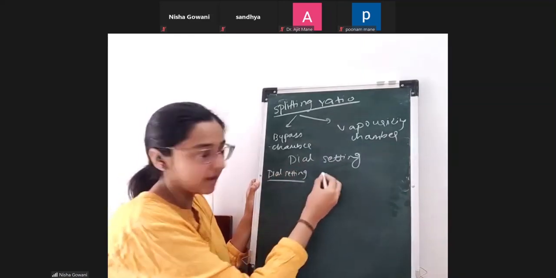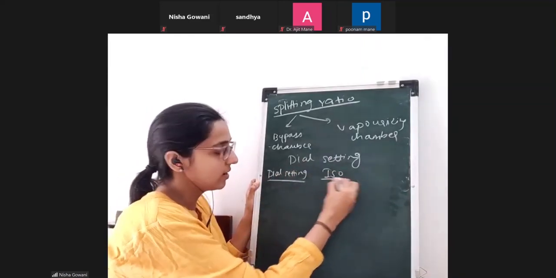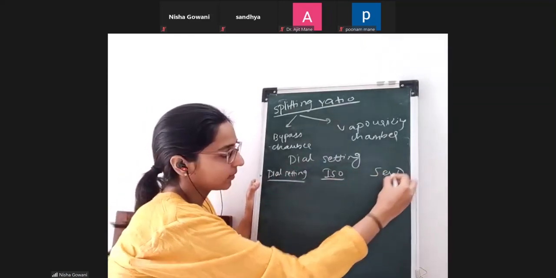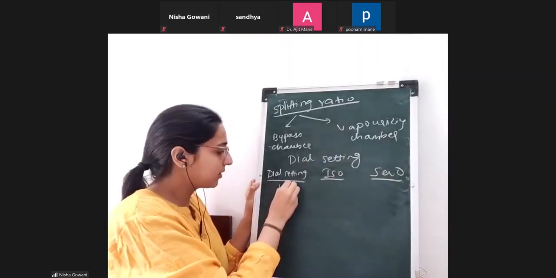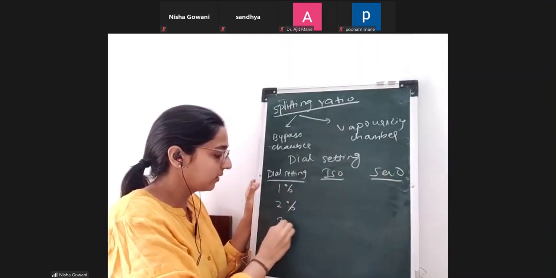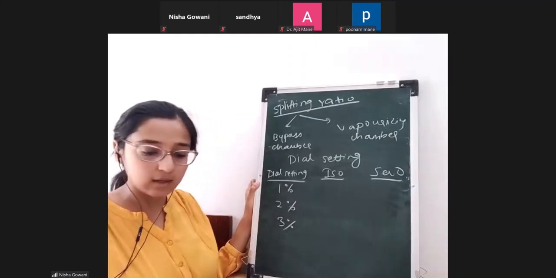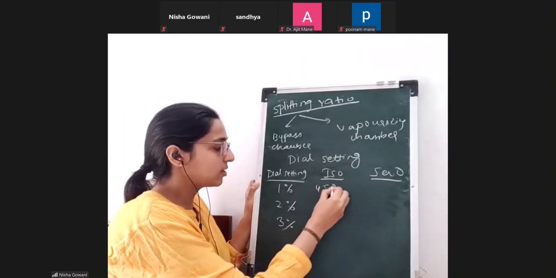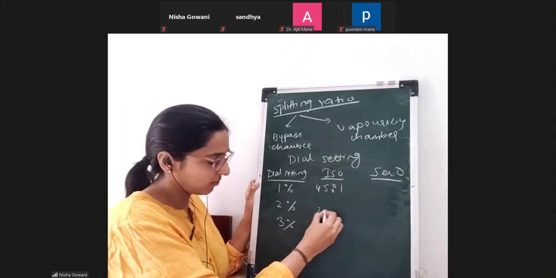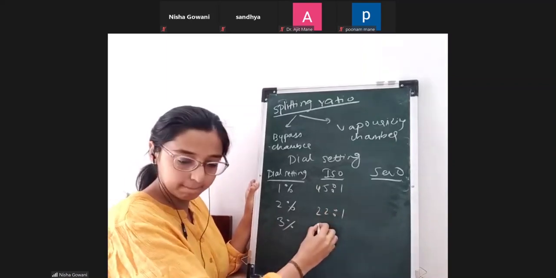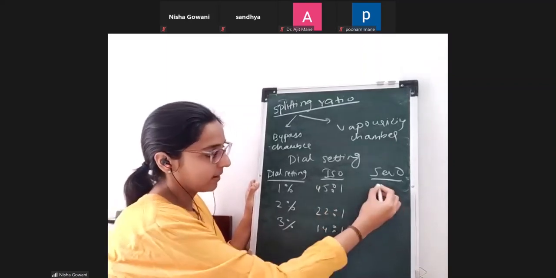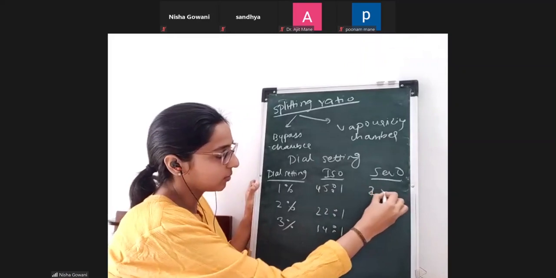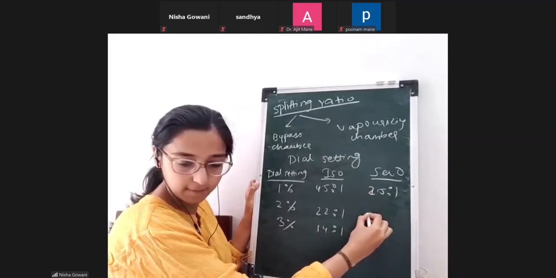Okay. And then suppose we have isoflurane and we have sevoflurane. So if I put dial setting 1%, 2%, 3%, okay? The isoflurane splitting ratio is as follows, and the sevoflurane splitting ratio is as follows.